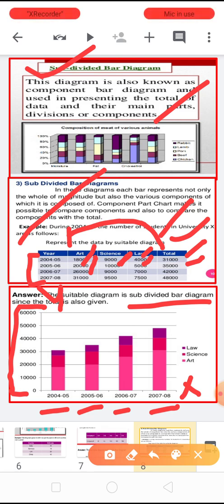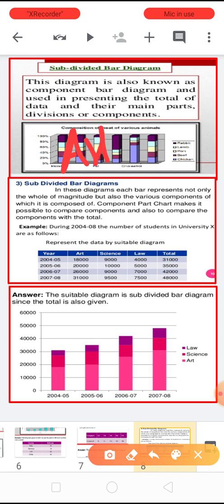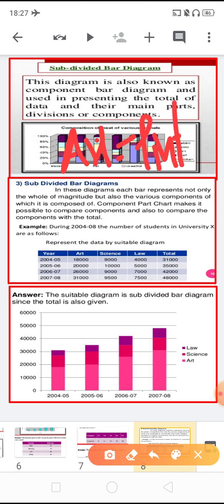So children, the total number of art students studying in the year 2004 to 5 is 18,000. The students who belong to the art stream, their values are represented by the pink color.